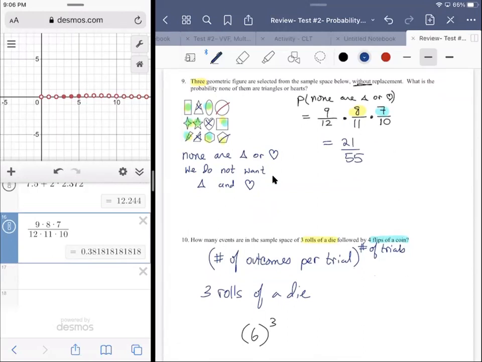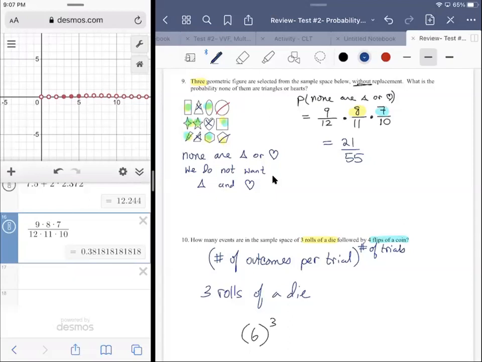So that's multiple events, and multiple events leads to multiplication. The fact that it's without replacement only happens because you're having multiple events, so that's kind of a byproduct. But I suppose you could use that.